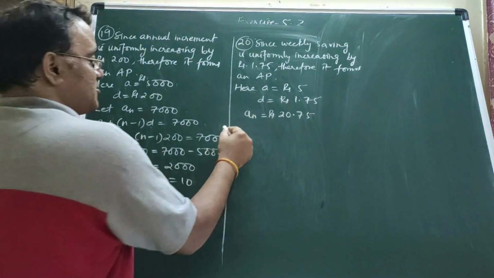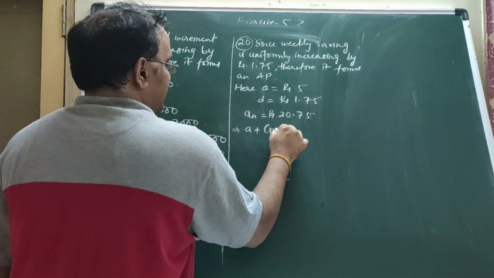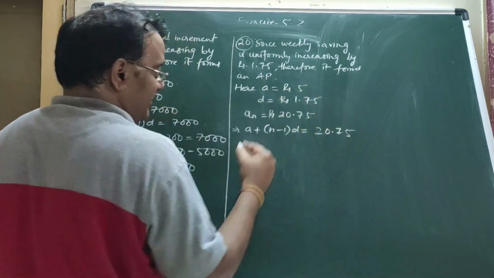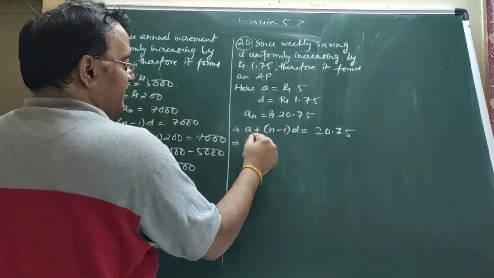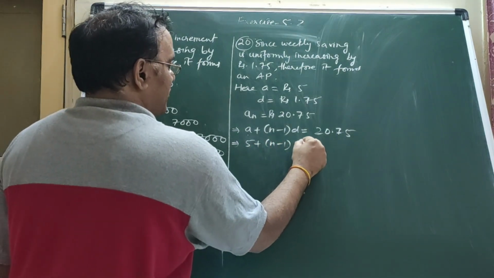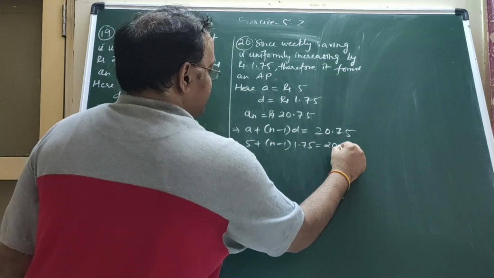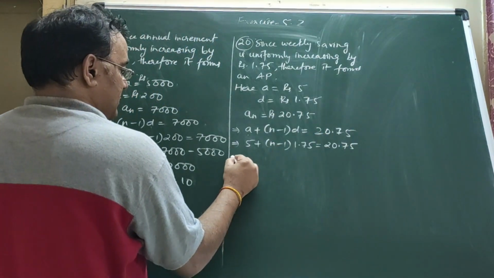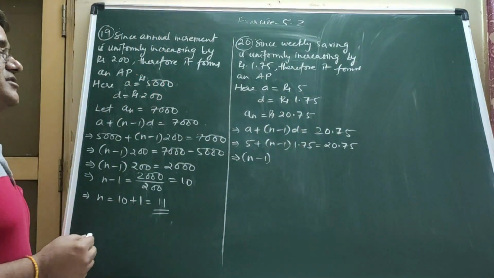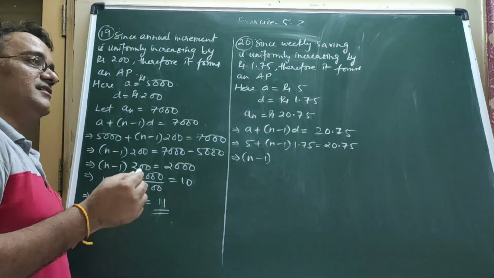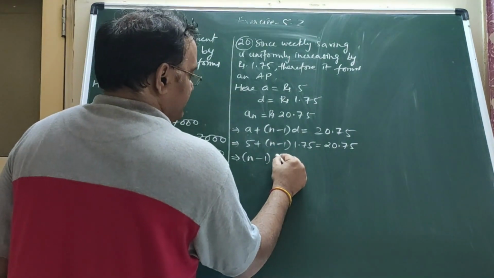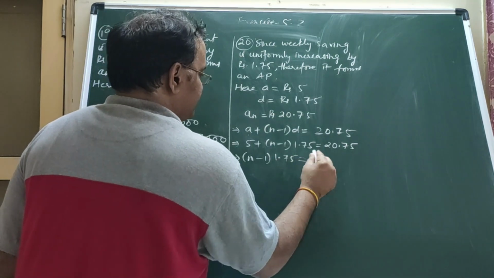Find n. So substitute the formula an, that is a plus n minus 1 into d is equals to 20.75, and a और d का वैल्यू सब्स्टिट्यूट करेंगे. 5 plus n minus 1 into 1.75. Will shift 5 to that side. 1.75 को हम लोग लिख सकते हैं 7/4, yes, 7/4, or else you write like that only.